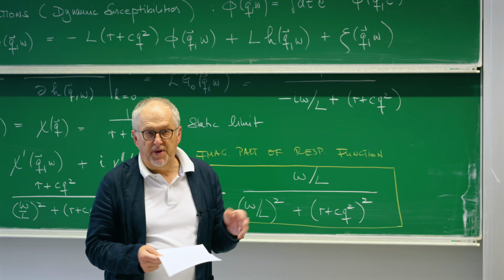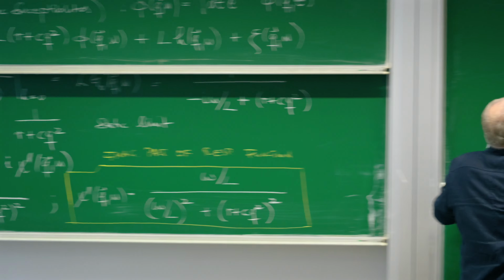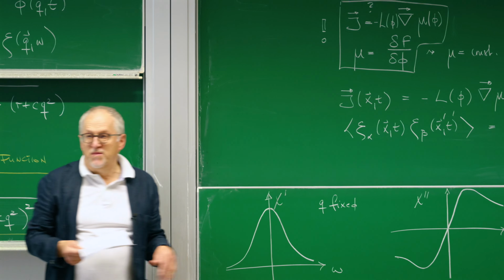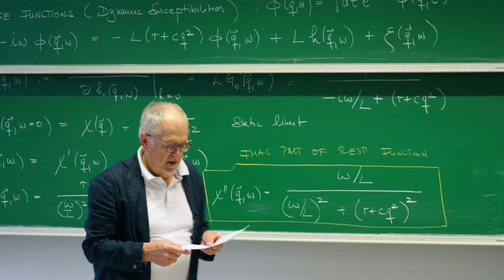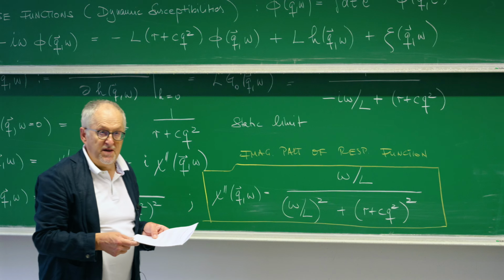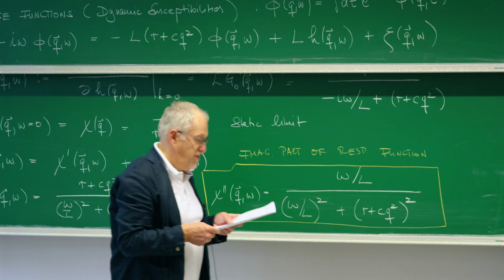So that's now model B, and the difference is really the fact that you have a conservation law, but the logic is the same. Gradients in the free energy and spatial gradients here in the chemical potential, they drive the system back to equilibrium.